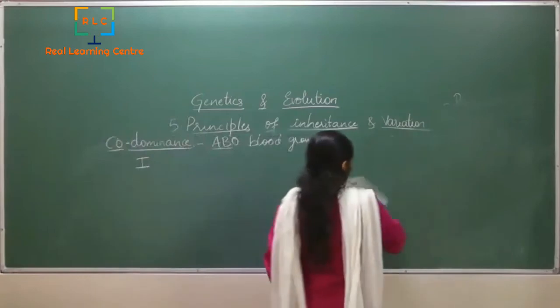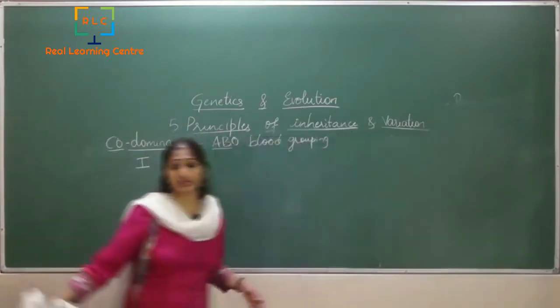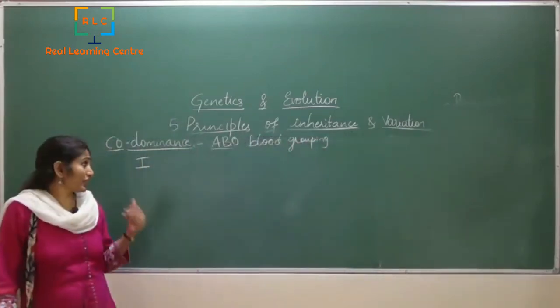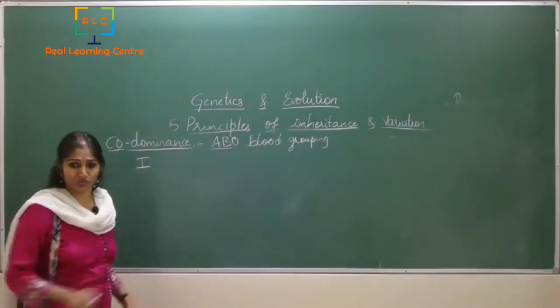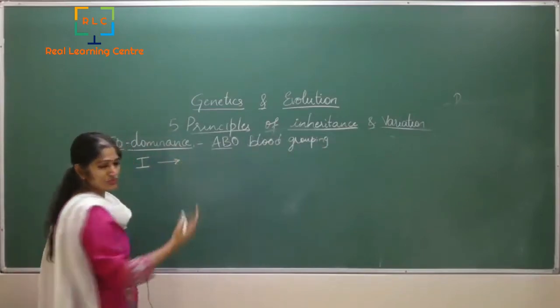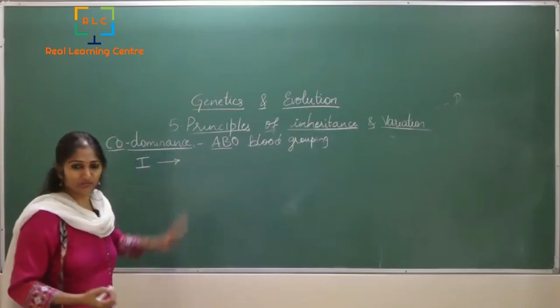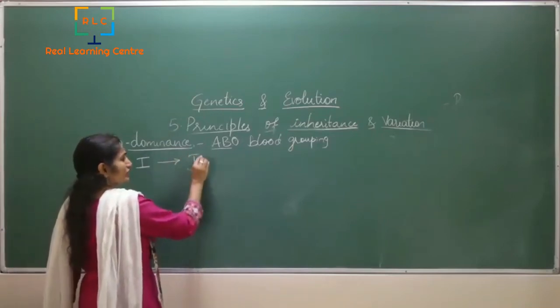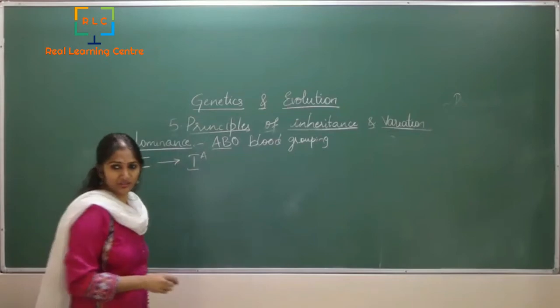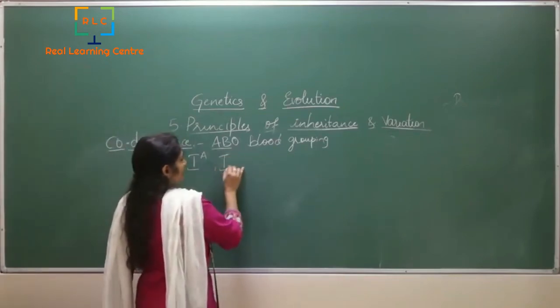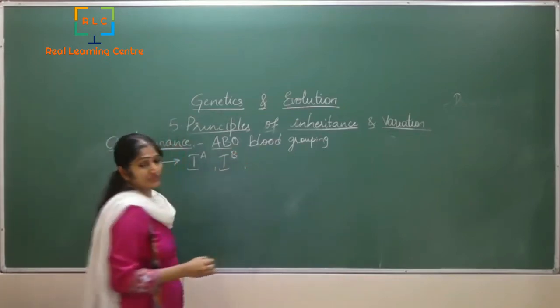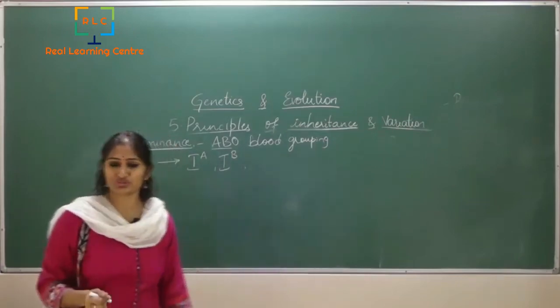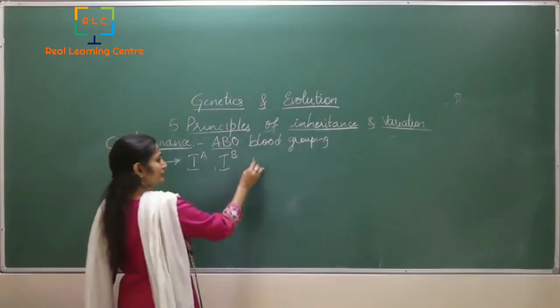Now apparently there are three different alleles of I. What are alleles? Alternate forms of genes. So I will write them as IA, then IB, and then there is a recessive form which is called small i.